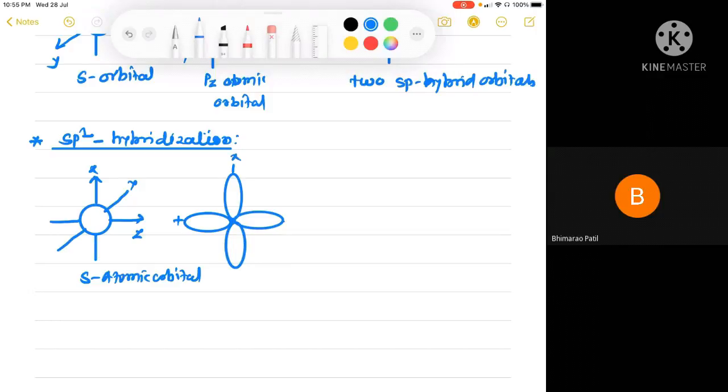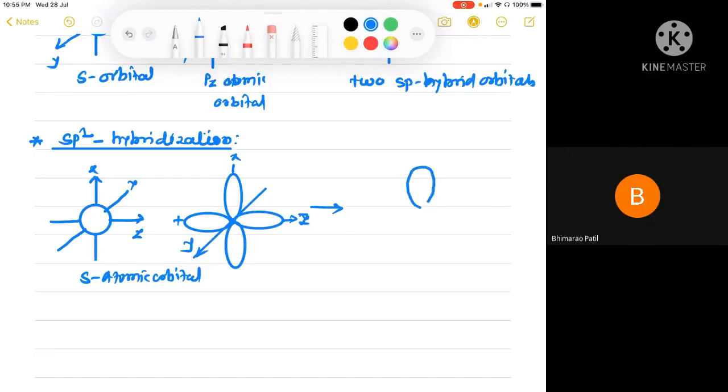This is the x-axis, this is the z-axis, and this one is the y-axis. That forms how many hybrid orbitals? Three, which are equivalent.